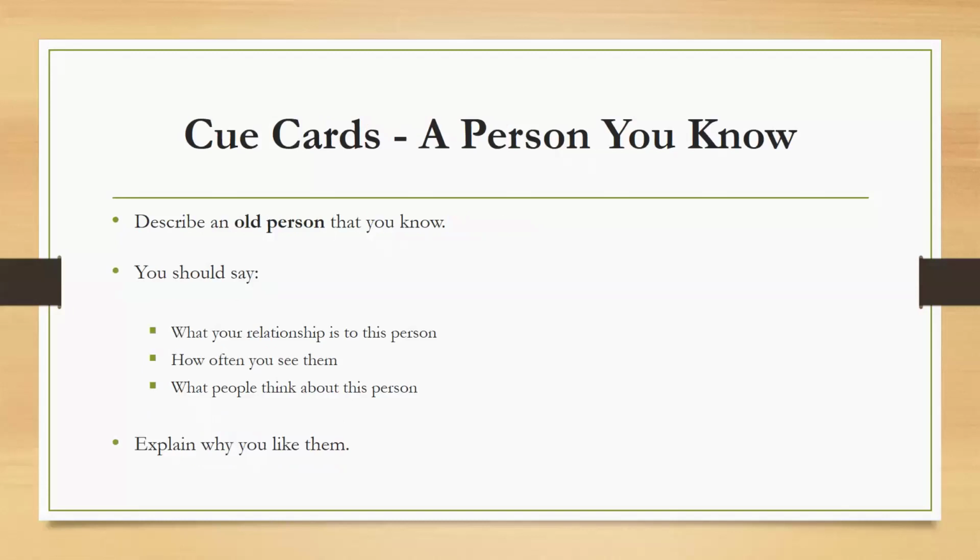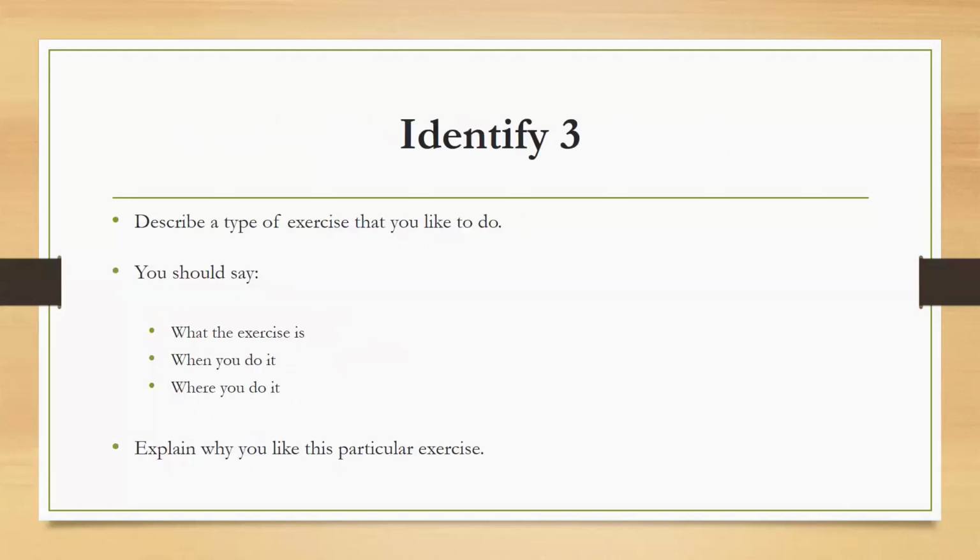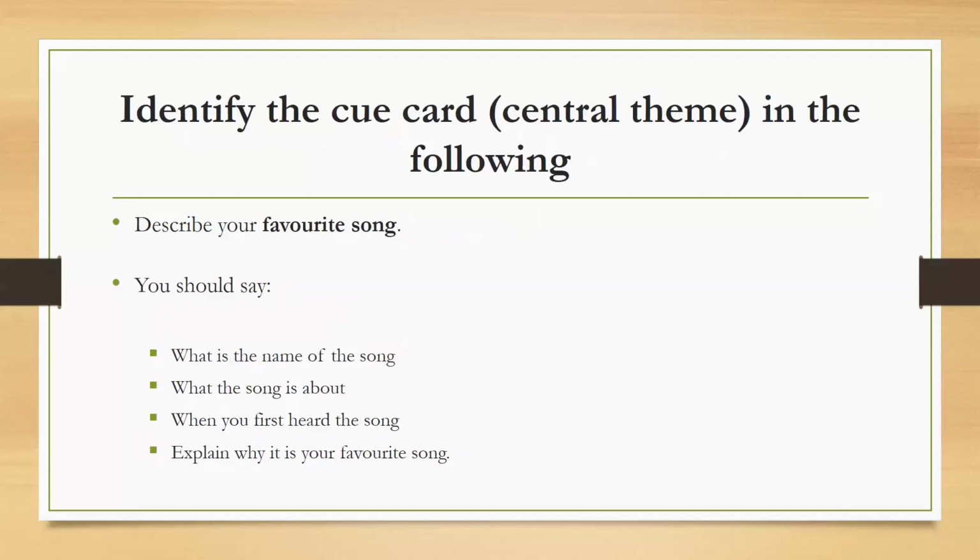You remember the topic on the old person? This is it. Describe an old person you know. You should say what your relationship is to this person, how often you see them, what people think about this person, explain why you like them, and all the other topics which you identify the cue card.